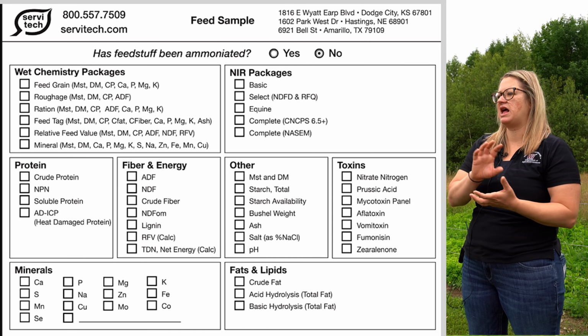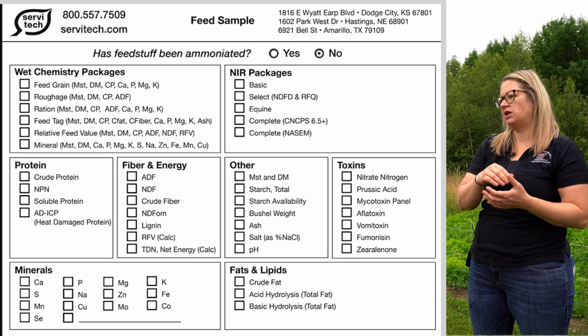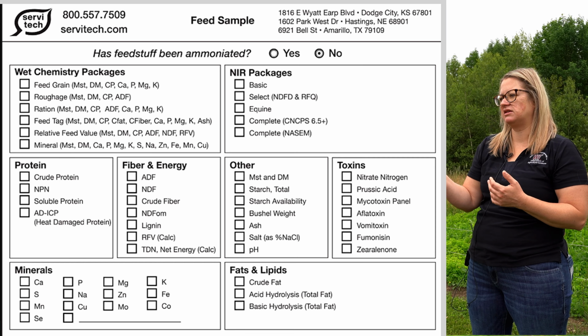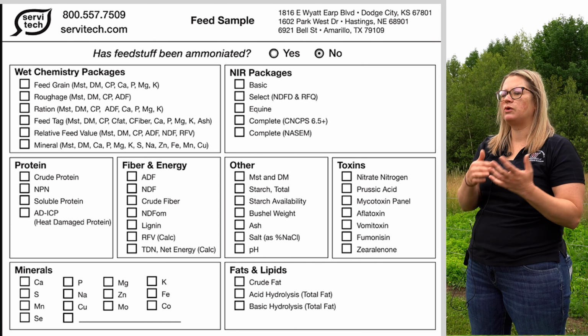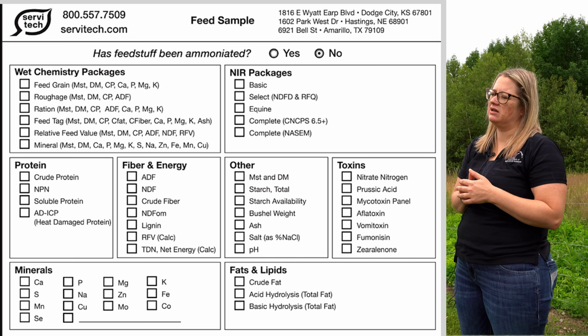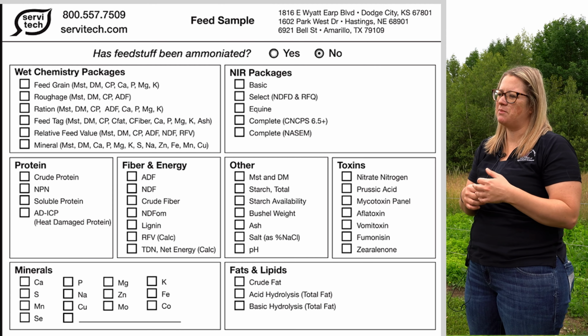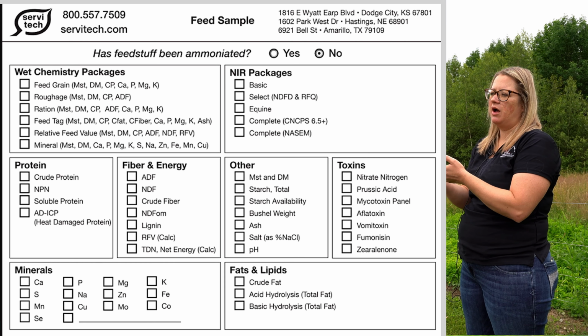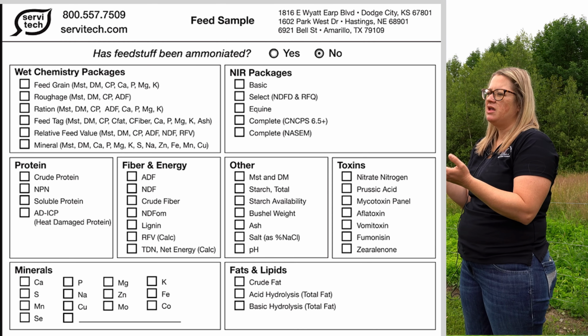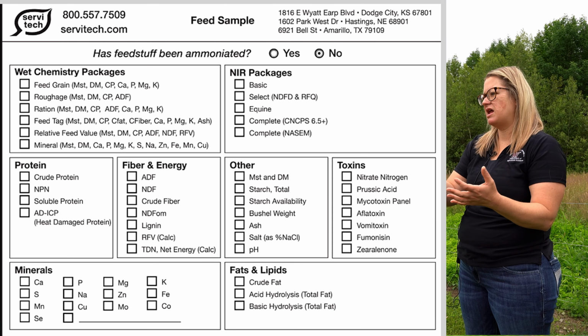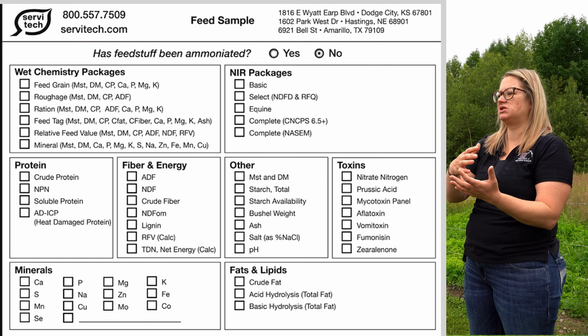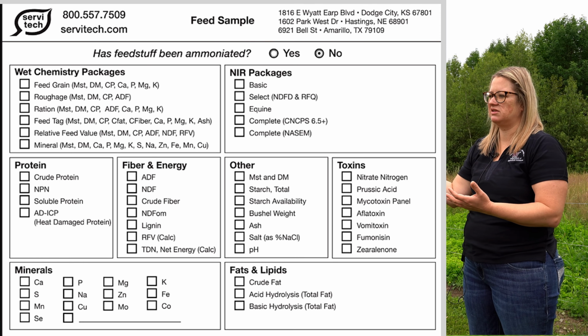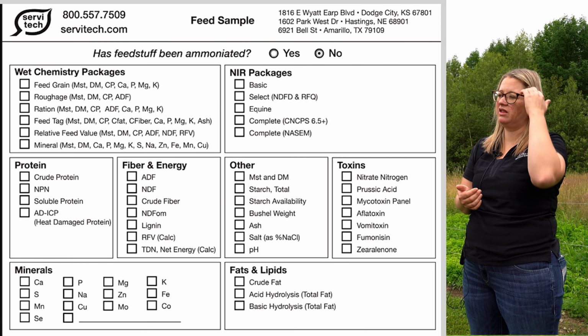You can select an analysis package, which would include multiple different types of analyses in it, or you can pick and choose what analysis you might like to have. So for example, if you only care about crude protein of a hay or something like that, you don't really need to select an analysis like a ration test, which is going to have a number of other things in it and probably cost you significantly more.